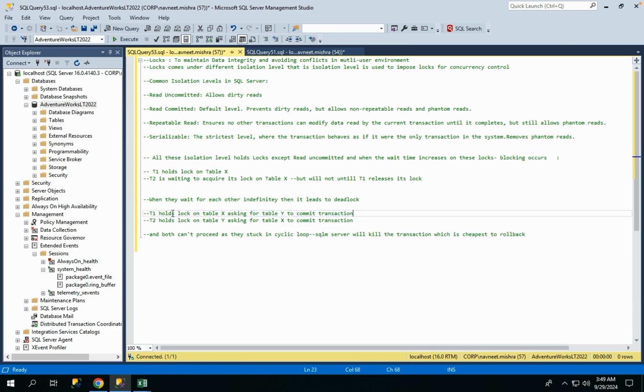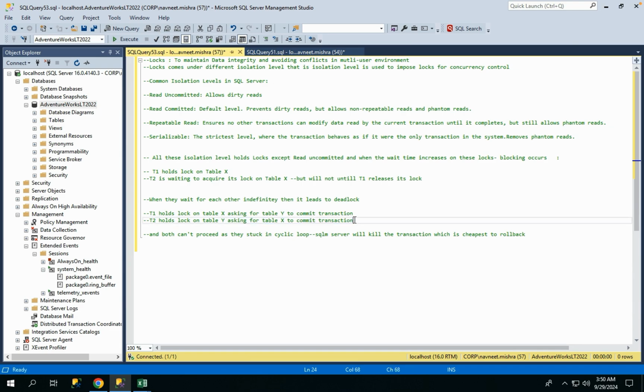For example, there is an update statement updating table X with a begin transaction above it, and then it is updating Y, and after that it is trying to commit the transaction. Suppose we executed this one. At the same time, transaction 2 comes, already holds the lock on table Y, and is requesting the lock on table X to commit its transaction.